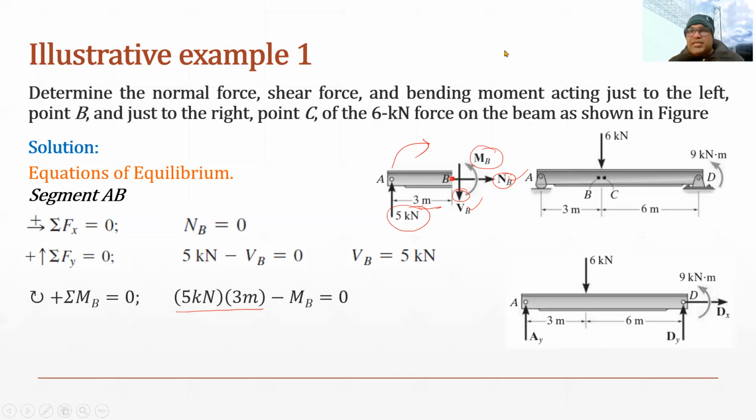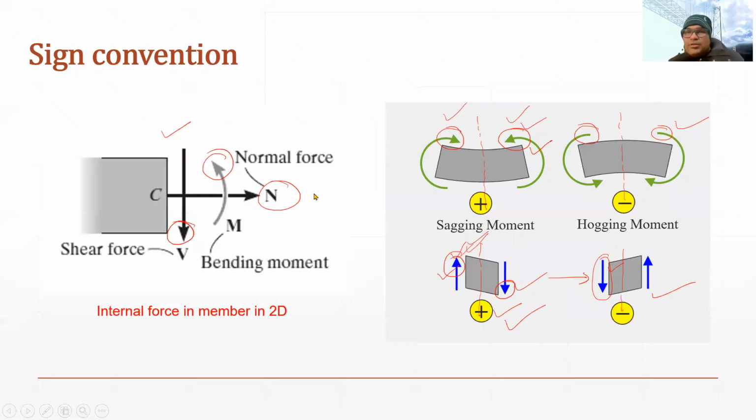Now, how are we going to take this as positive? Again, I will show you the sign convention for bending moment. As I said earlier, we are taking the left hand portion of the beam. When we cut this section of the beam and consider the left hand side part, the moment which is clockwise will be taken as positive, while had I taken the right hand side part of the beam, the moment which is anti-clockwise would be taken as positive.